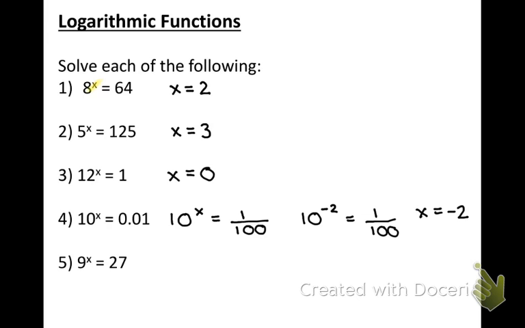All right, last one here. We've got 9 to the x equals 27. This one's going to take a little thought as well. Okay, we know 9 to the 0 is 1, 9 to the first is 9, 9 squared is 81. So we're not going to have an integer exponent here. We're actually going to have a fractional exponent. So let's think this one through.